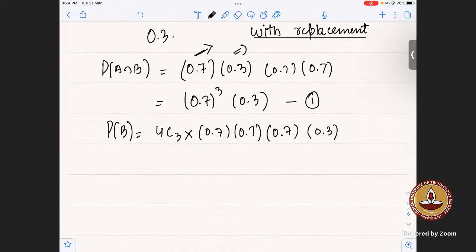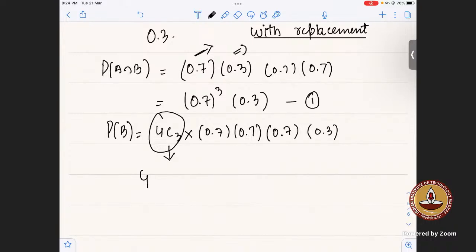Any doubts in this? Sir, please, probability of B, how is it possible? 4C3. Okay, so you are confused with this part, 4C3, right? Yes, sir. Okay. How many balls are we drawing? 4 balls. How many of those are red? 3 red, and black will be 1.